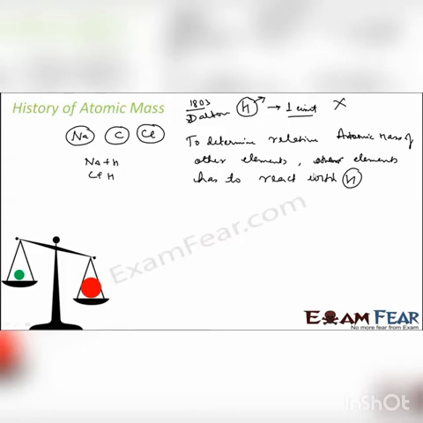Why was hydrogen chosen? Because it was the lightest element, the lightest atom, so that was a natural choice. So what to do?